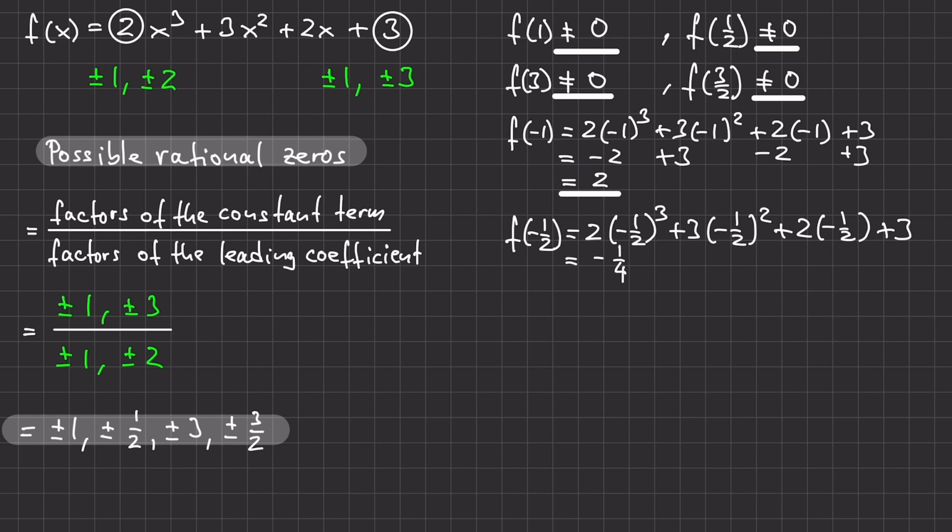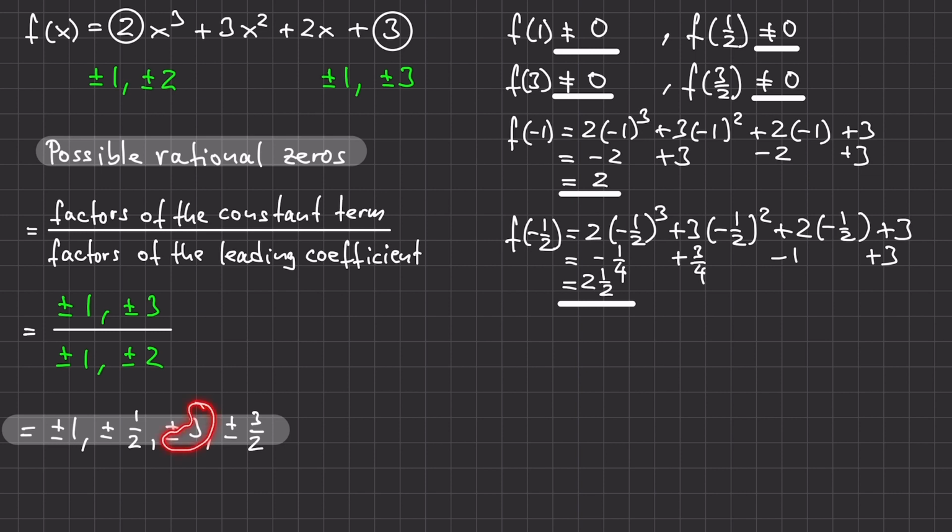Negative 1 half squared is 1 over 4 times 3 is 3 over 4. 2 times negative 1 half is negative 1, and we keep the 3. 3 over 4 minus 1 over 4 is 1/2, and 2 plus 1/2 is 2 and 1/2. So f of negative 1/2 equals 2 and 1/2.